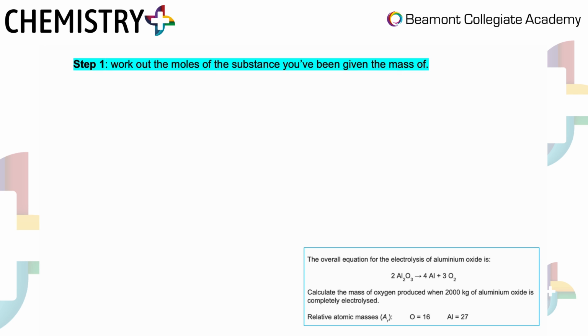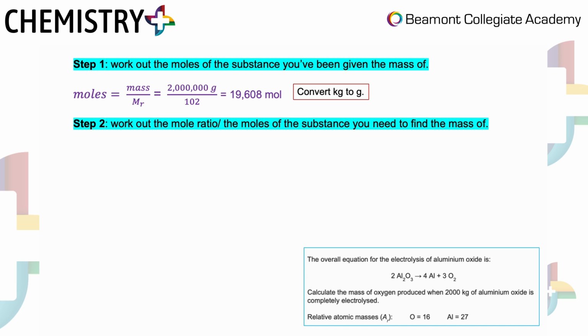Step 1, work out the moles of the substance you've been given the mass of. For this, it was important to convert kilograms into grams. We do this by multiplying by 1,000. Step 2, work out the mole ratio, the moles of the substance you need to find the mass of.